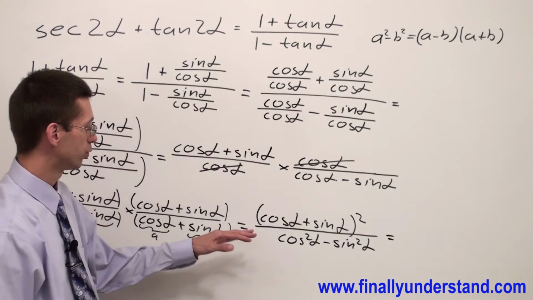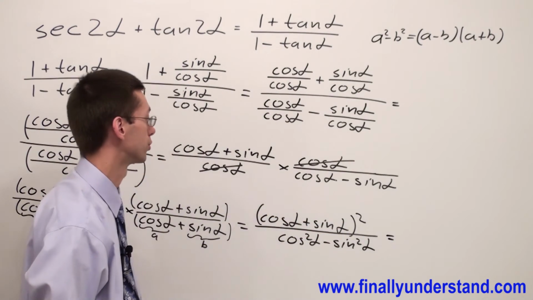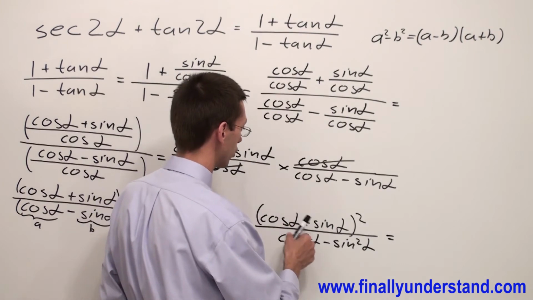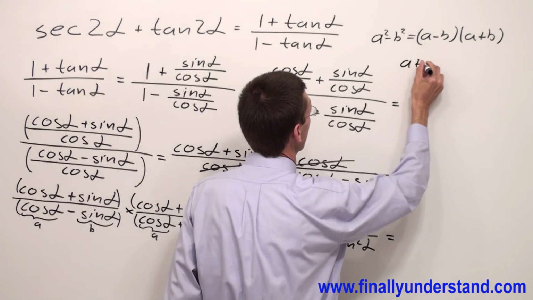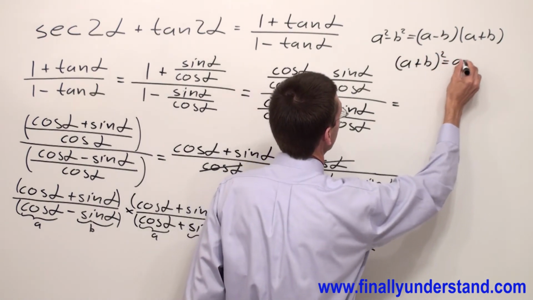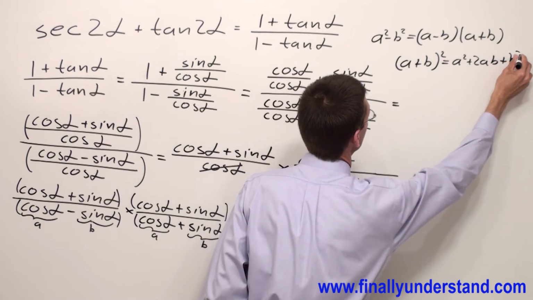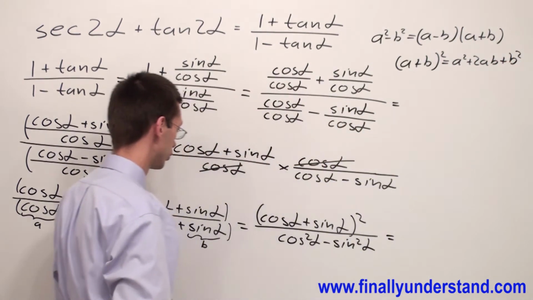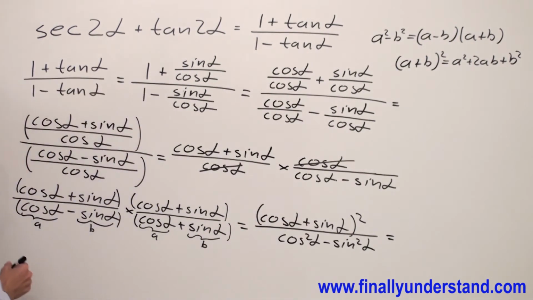Next, we're supposed to eliminate the parentheses. We're supposed to use the formula for the square of the sum. We have a plus b squared is equal to a squared plus 2ab plus b squared. I'm going to use this formula where this is my a and this is my b.